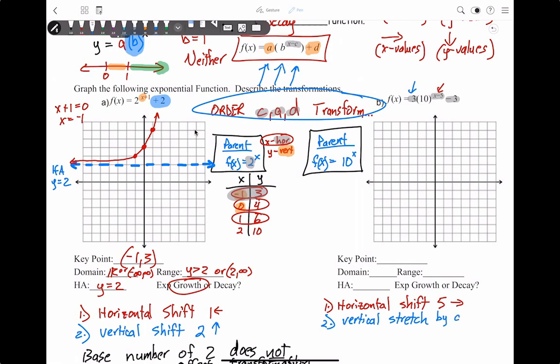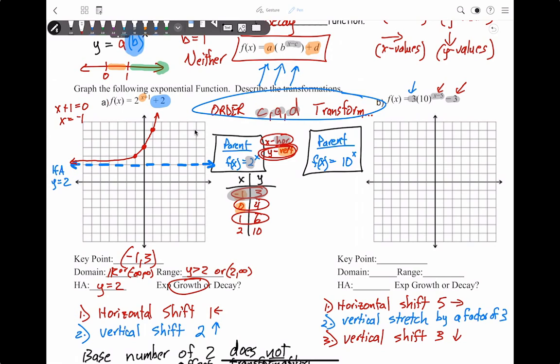We're going to say by a factor of 3. And then last but not least, let's go back over here to this minus 3. This one is going to be a vertical shift because it's not upstairs with the x, it's downstairs with the y. Shift because it's adding or subtracting, and then it's 3 down. We don't do the opposite here. We actually follow the rule whenever we're doing the y, okay?